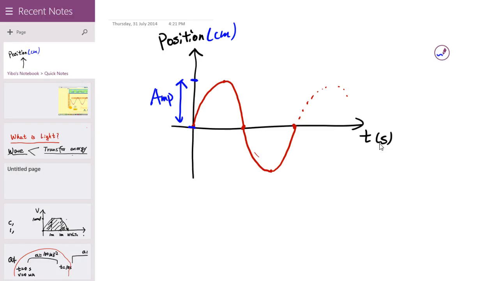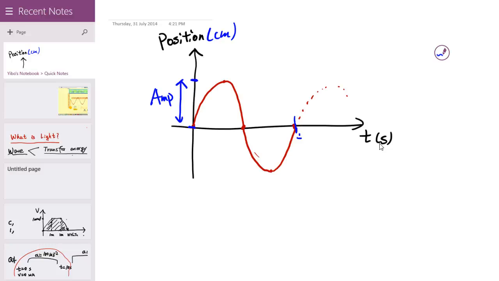However, the horizontal axis indicates the time, and the time here is basically the time needed for the wave to travel one wavelength.